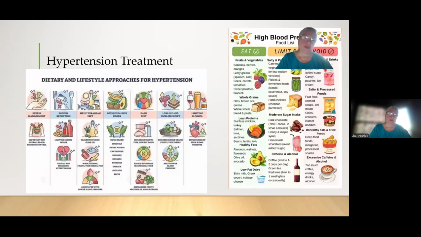So, hypertension treatment. That's going to be avoiding our sugary foods and salty foods and limiting all that salt. As long as their sodium is in the normal range, then we can tell them to limit some of that, to eat more fresh fruits, vegetables, whole grains, lean protein, and make sure that they're getting exercise and drinking good fluids, staying away from the sodas and carbonated drinks.